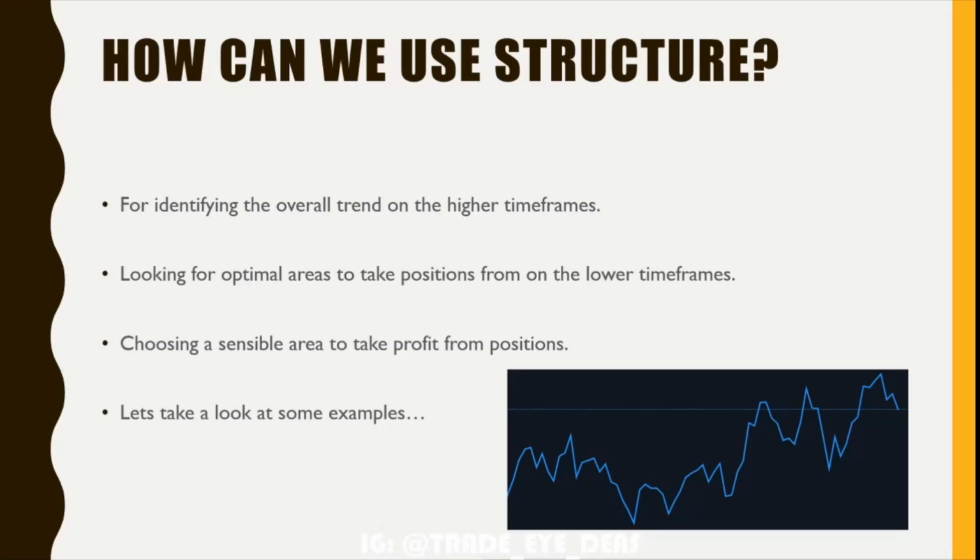The lower time frames will also make them, and often what you're going to want to look for is the structure level on the lower time frames matching up with the structure levels on the higher time frames, because then what you've got is confluence, and if you've got confluence, you've got a higher chance of succeeding in your overall positions. Okay, so what's another thing?